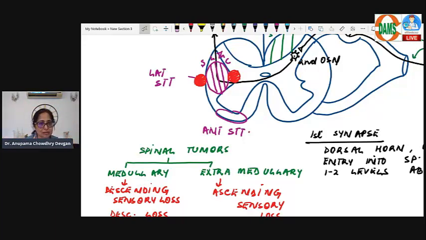So in medullary spinal tumors, it is a descending sensory loss. Extramedullary spinal tumors, which are coming from outside, will affect the sacral fibers first. So sensory loss will be first in the sacral area, then lumbar, then thoracic, so it's an ascending sensory loss.